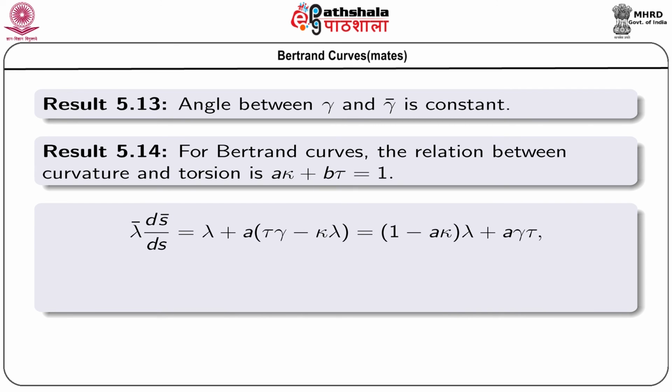Now, from the previous expression, we have lambda bar ds bar/ds equals 1 minus a kappa lambda plus a tau gamma. Now, taking the dot product with gamma bar on both sides, we have this expression.